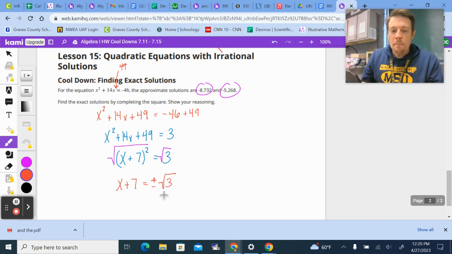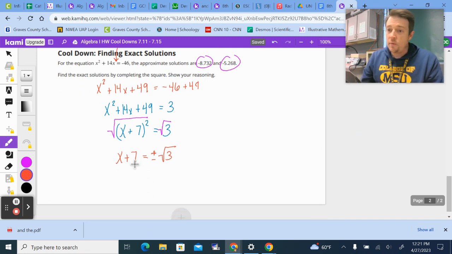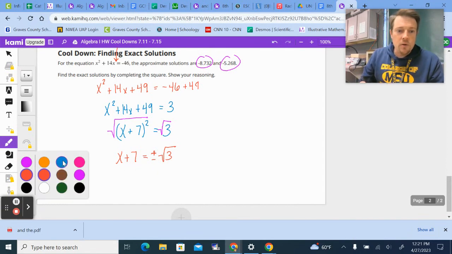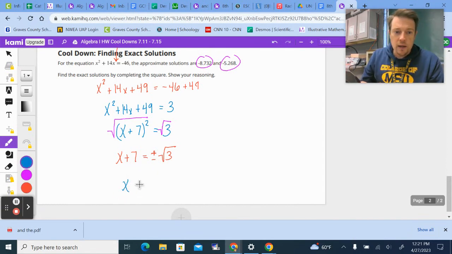And that's going to be our answer so far. Now we're one step away from having x by itself, right? So if x was by itself, the 7 would not be here. So we need to take 7 away from both sides. If we take 7 away from the left side, that leaves us with the x by itself. And if we take 7 away over here, then that would put a negative 7 there, plus or minus root 3. And there's our answer.